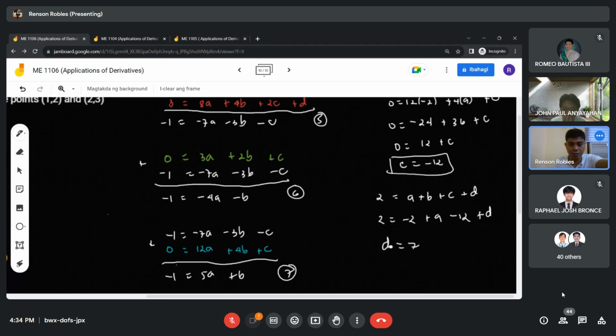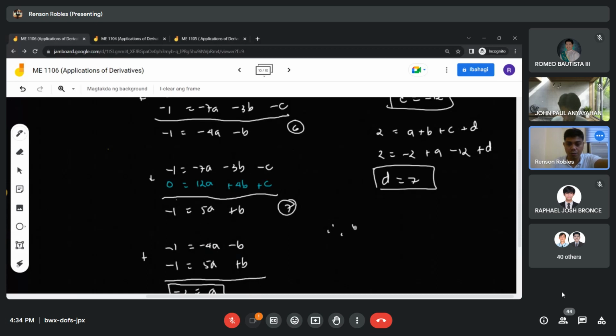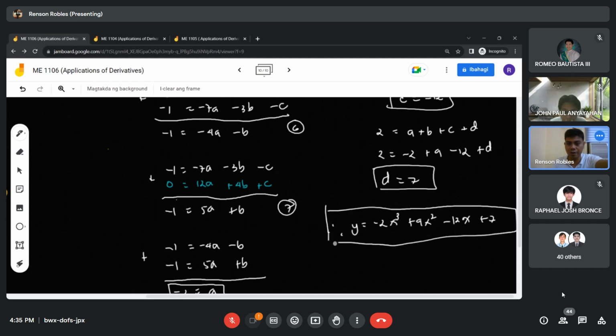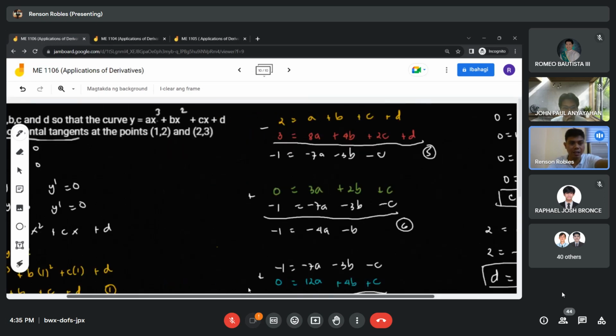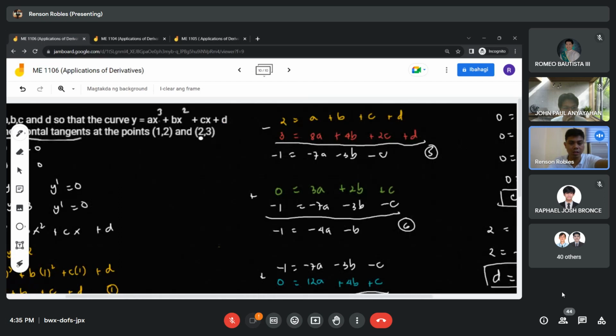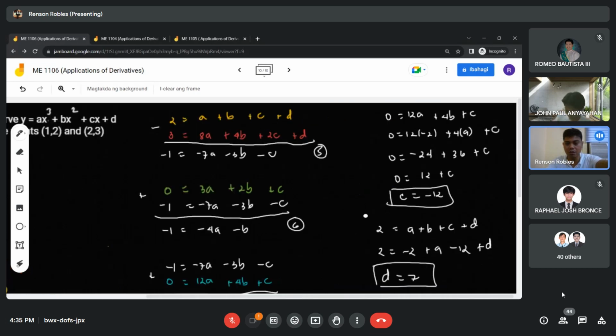So D is 7. So the equation that we are looking for is y equals a x cubed plus b x squared plus c x plus d. And this curve will have a critical point at 1, 2, and 2, 3. Okay? Alamin natin, which of this point, 1, 2, and 2, 3, is the relative min or relative max. So how do you do it?